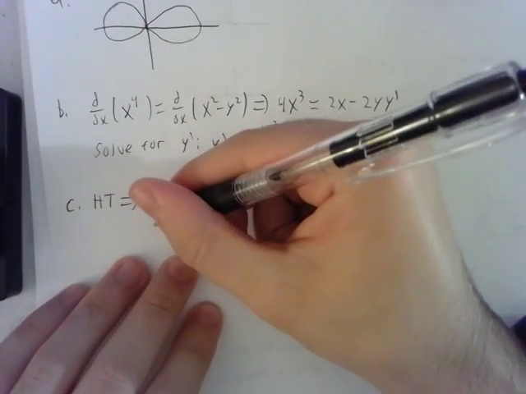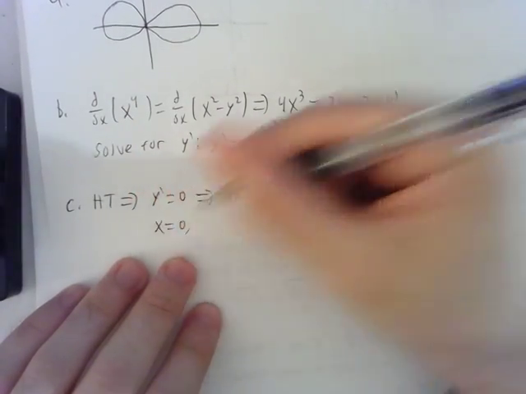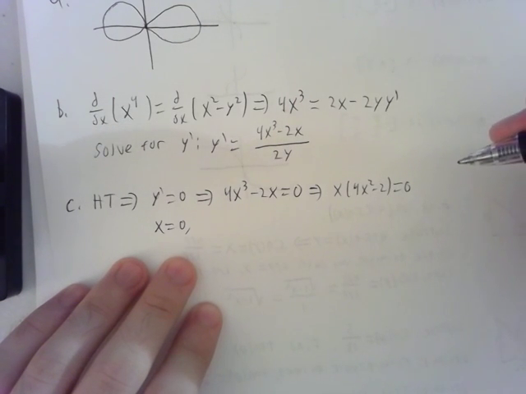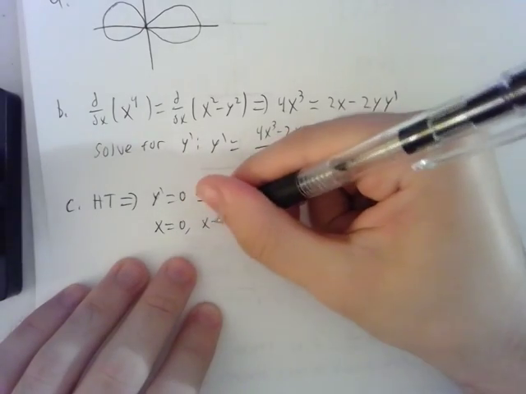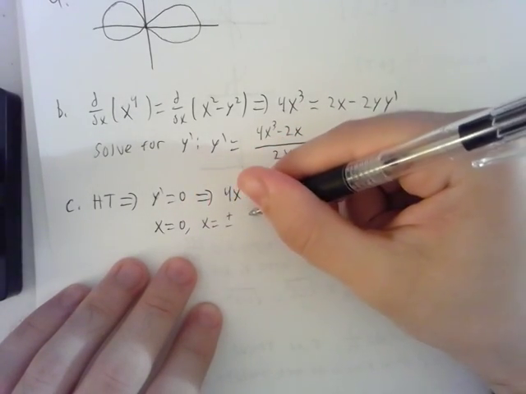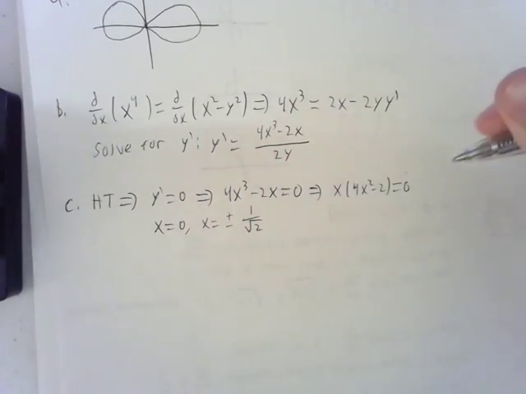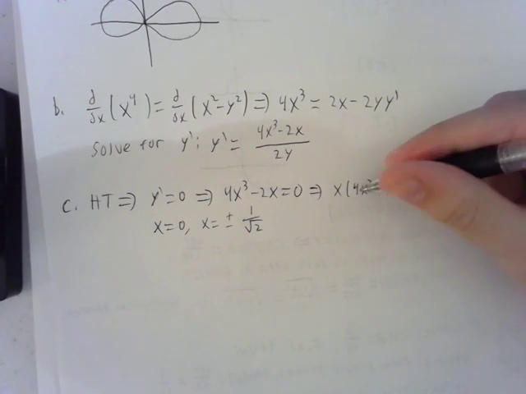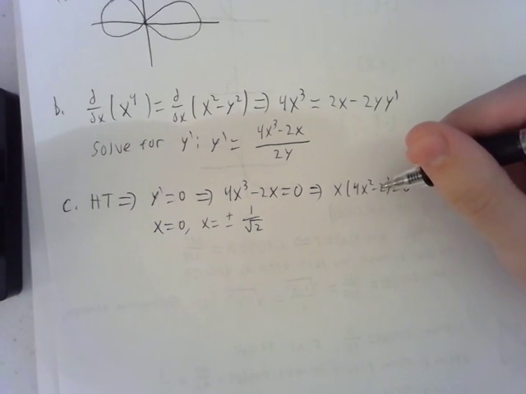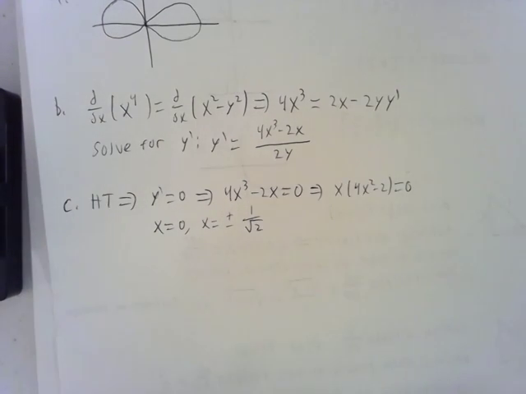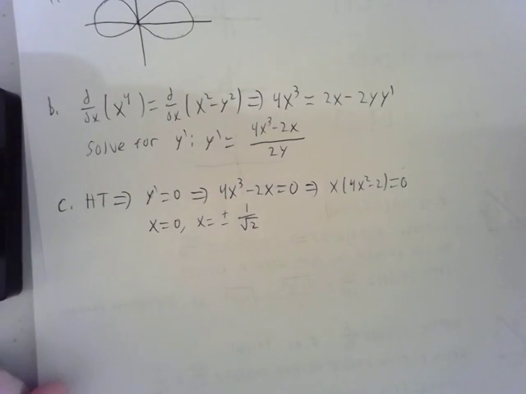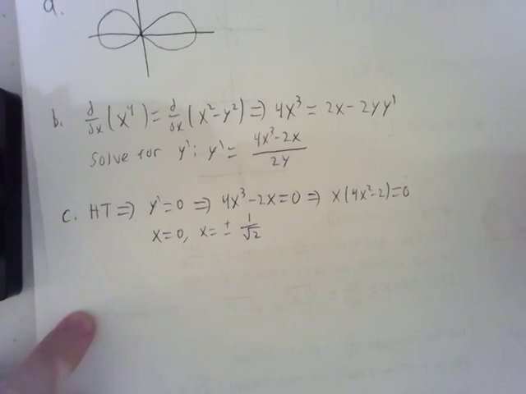So we get a few possibilities. x equals 0. Another possibility is that x equals plus or minus 1 over square root 2, right? So if we solve this term equal to 0, then we get x squared equals 1/2. So there's 3 possible x values.